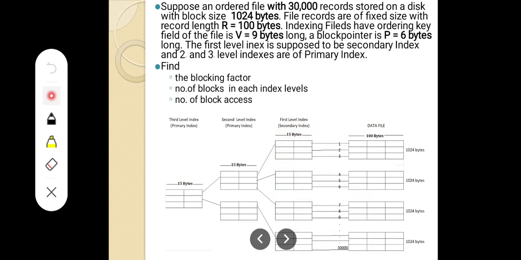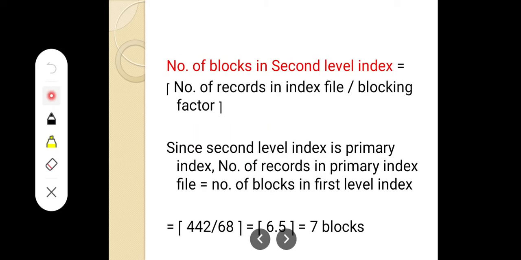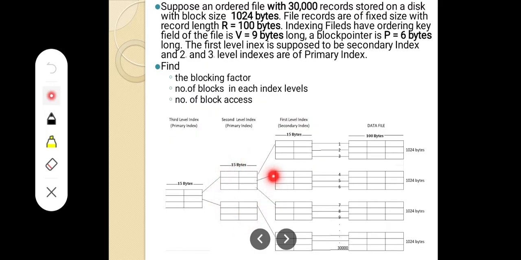Clear? Now we will compute the number of blocks in the second level index. Okay, so number of blocks in the second level index, the same formula: number of records in the index file by blocking factor. To find the number of records in the index file, how do we know how many records there are here? To know that, we will check what type of indexing it is.